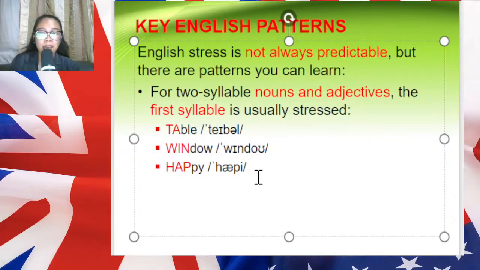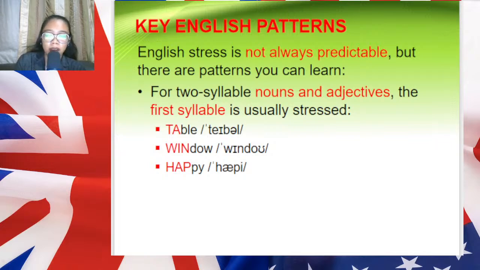This is a guide in IPA transcription. Usually you will be able to see which part of the word is stressed if the apostrophe is before that syllable. Just like this one, it's before the first syllable, so we are going to stress the first syllable here. Table, window, happy. Okay? More detailed explanation on that in our later sessions.